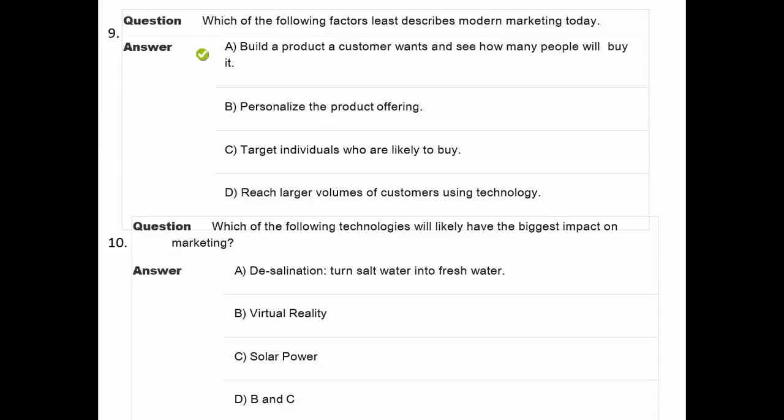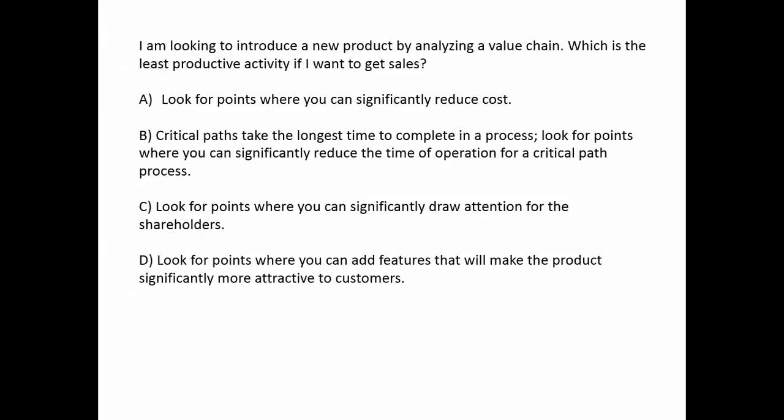Then we got radio, then we got TV, and then we got internet. And then we got mobile. So the thing is, desalinization, is that going to change marketing? Not really. Virtual reality? Yeah, it's a new form of communication, isn't it? Solar power? Nope. And B and C, well, if I know C is wrong, then I know it can't be B and C. So the answer is B, virtual reality.